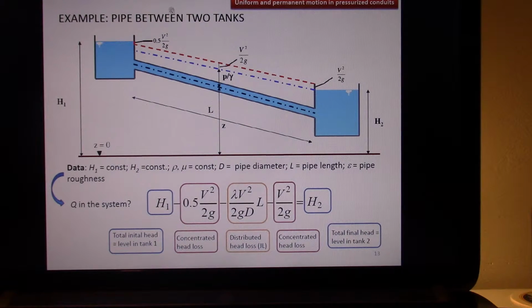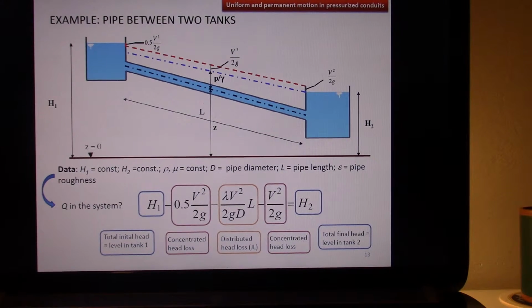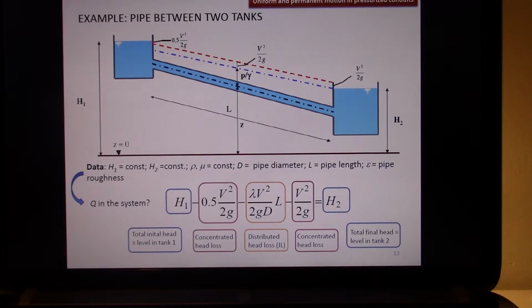So let's consider this first example. Basically, right here we have two tanks, 1 and 2, and these two tanks are linked by a pipe characterized by a length L, a diameter D of your pipe, and a roughness epsilon.